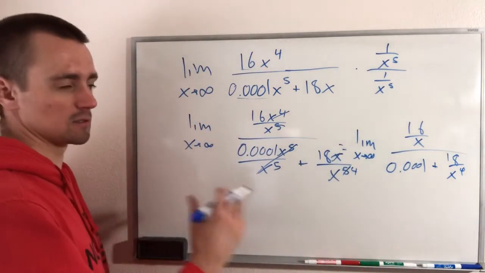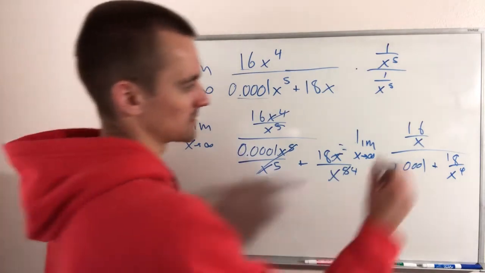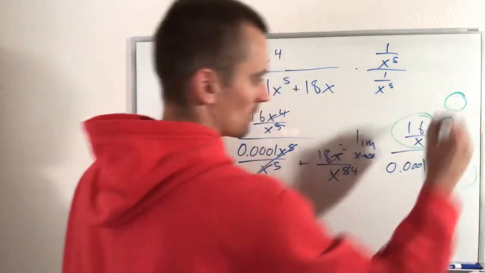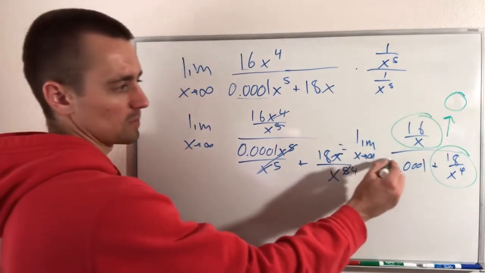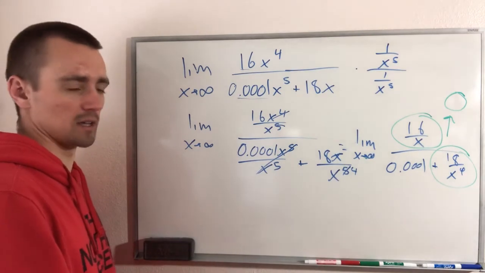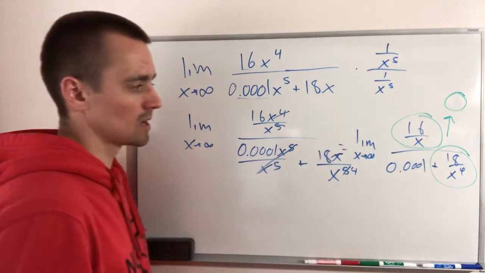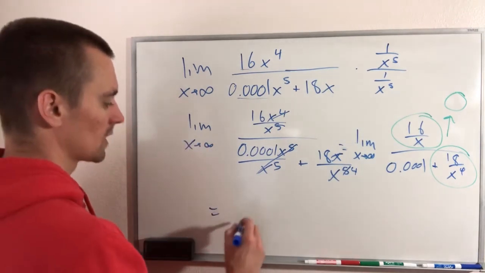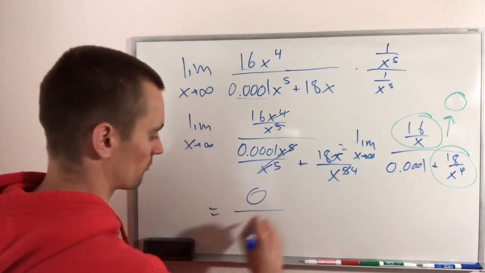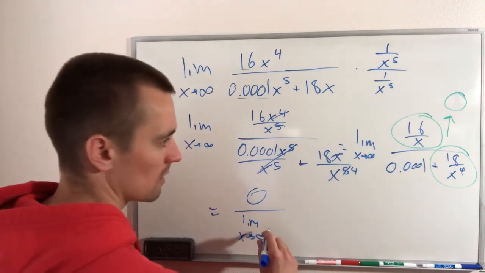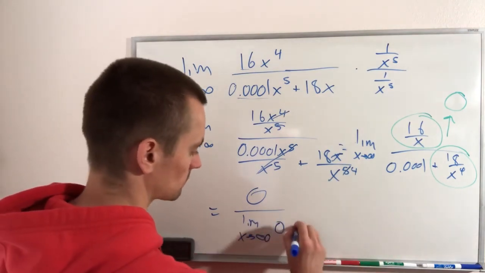So then again, just like before, this term and this term are both going to go to 0. Because as x gets infinitely big, some constant divided by an infinitely big number is going to get closer and closer to 0. So all we're going to be left with is 0 over the limit as x goes to infinity of this constant.